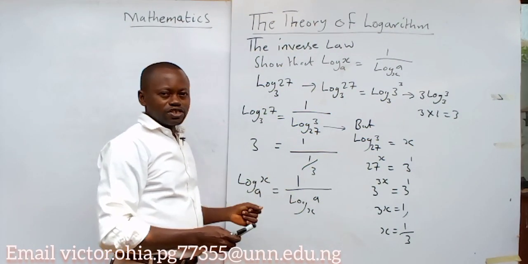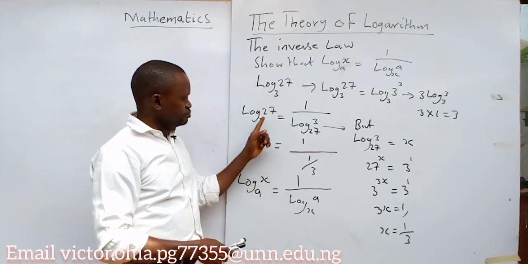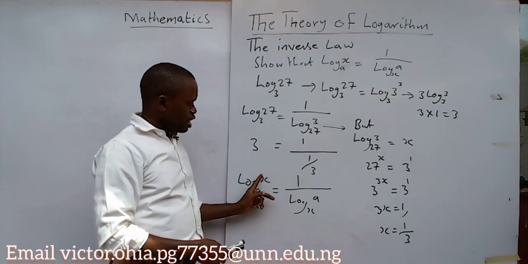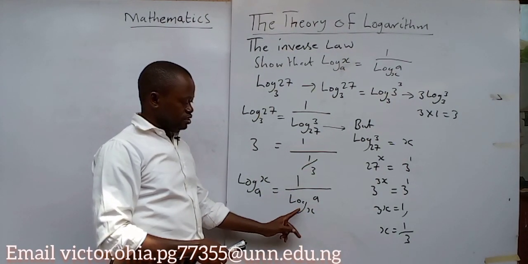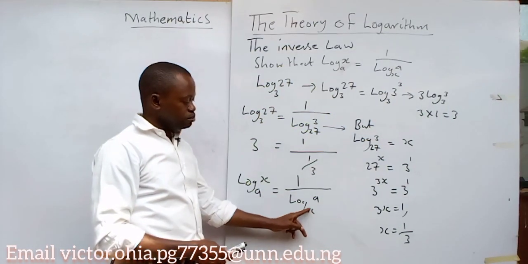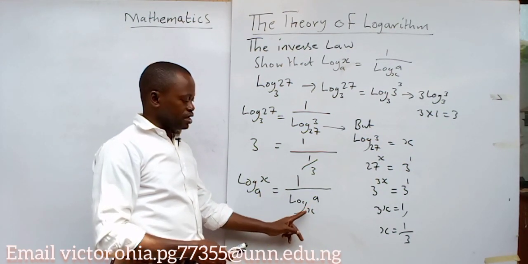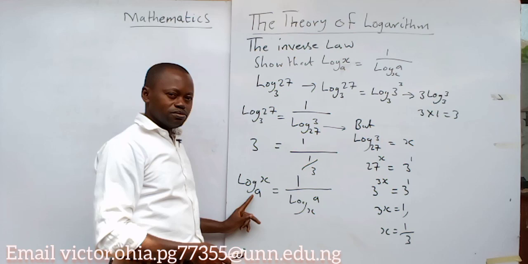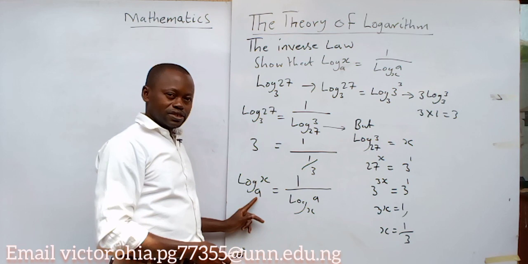That is to say that if you have a problem like this, you can take the inverse of it, with the base and the number interchanged, and the answer you are going to get there will be the same thing as the logarithm of x to its base a.